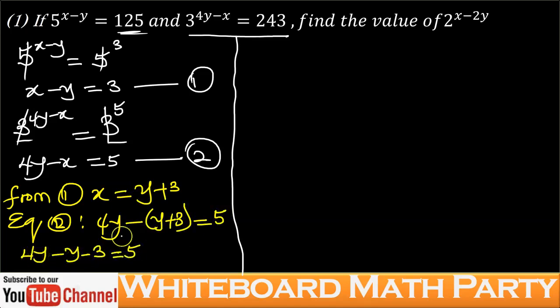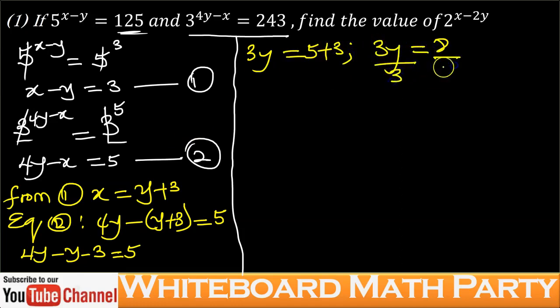Collect like terms: 4y minus 1y is 3y. So 3y is equal to 5 plus 3, because 3 has to cross over. When we do this, 3y is equal to 8. To get the value of y, divide by 3, which is the coefficient of y. Therefore, y is equal to 8 upon 3.